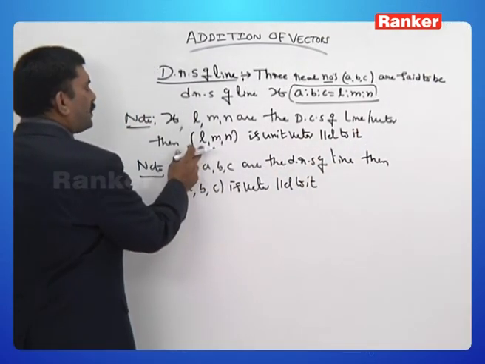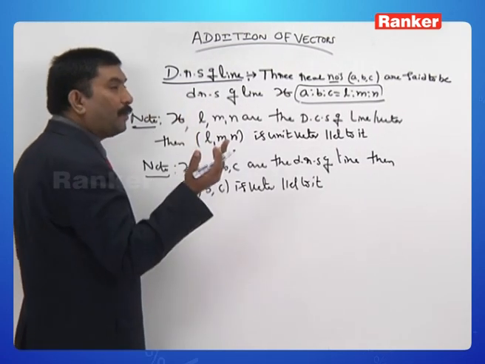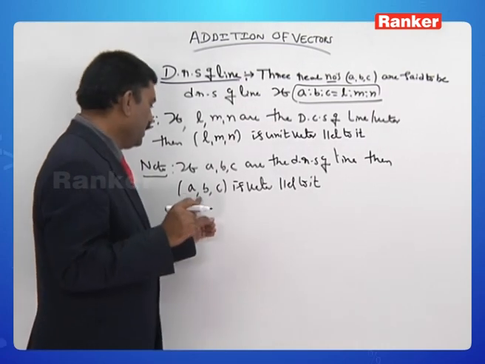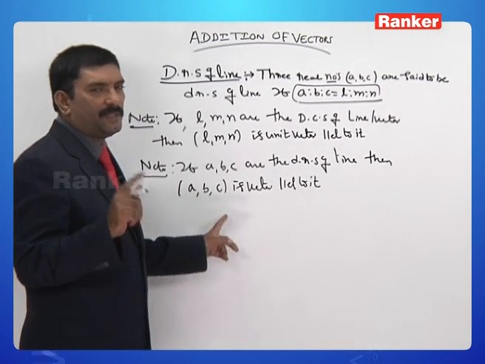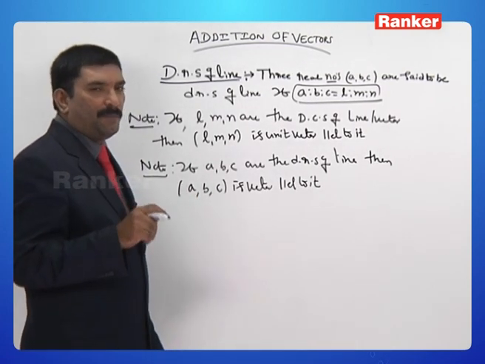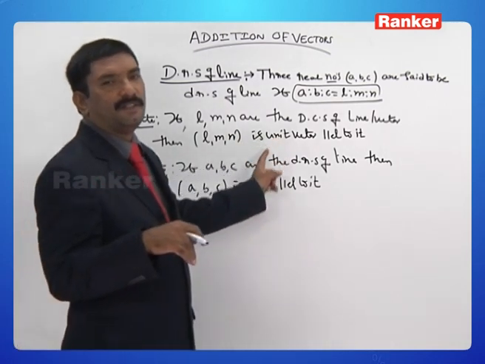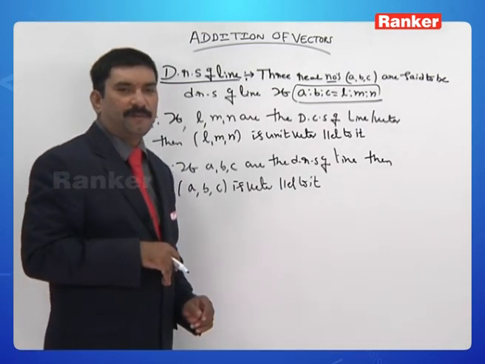Because for the DCs, the magnitude is equal to 1, since L square plus M square plus N square is equal to 1. But square root of A square plus B square plus C square is not equal to 1. Hence, we cannot say it is a unit vector; it is a vector.